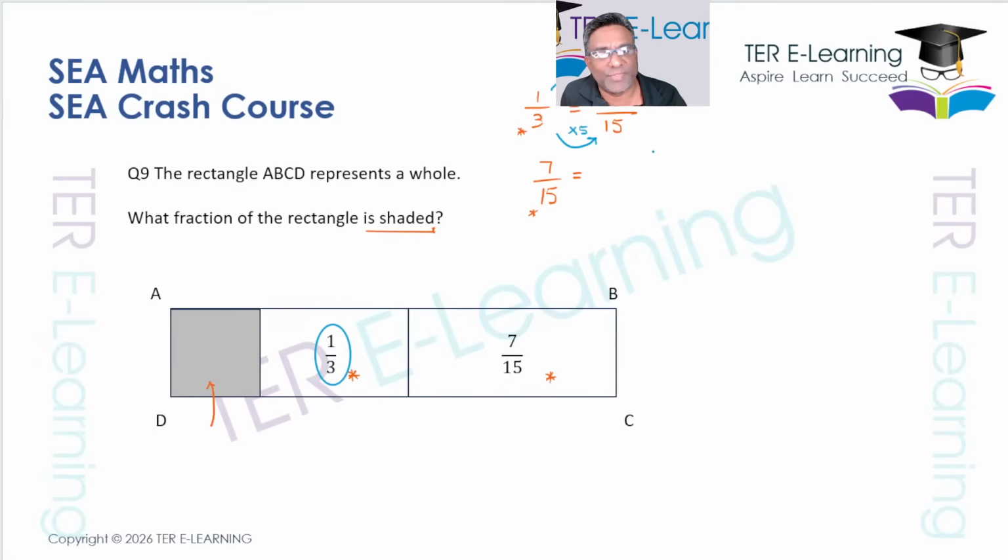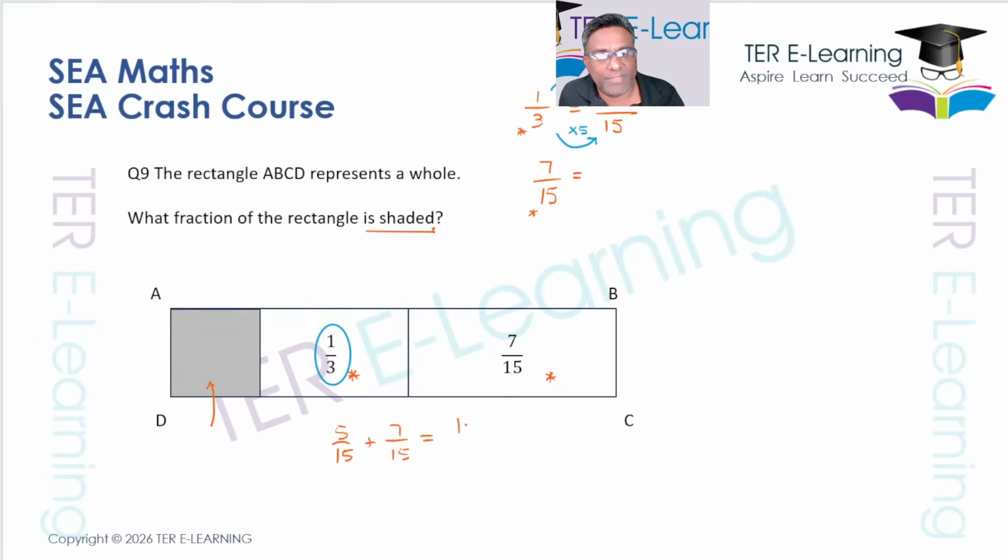So here's what we're going to do. We're going to add those two fractions, 1/3 plus 7 over 15. But let me replace the 1/3 by calling it 5 over 15, and we're going to add that to 7 over 15. So now it's easy to add because we have the same denominator.